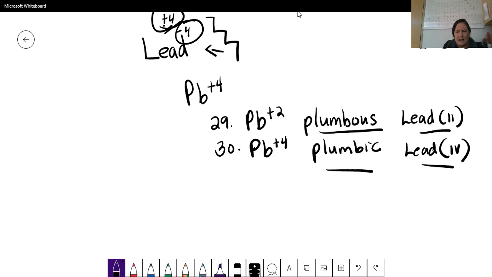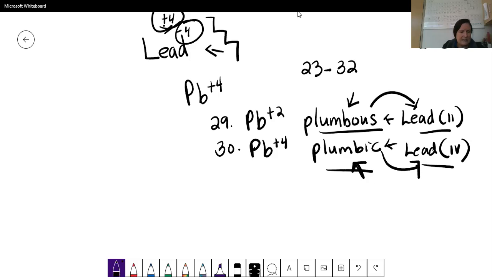Okay, these are the ones I want to use, but I do keep these here because we're going to do a food label project, and I want you to be able to recognize these other names that are often on your food labels as being these things here, okay? Just so you know, on the back of your periodic tables, numbers 23 through 32, you're going to see some of them have other names to them.